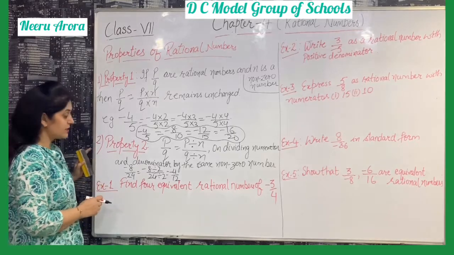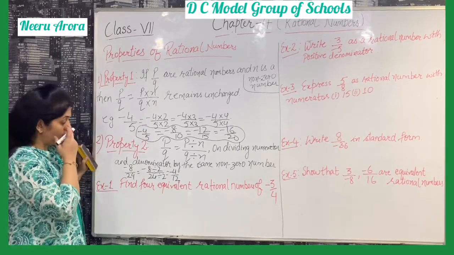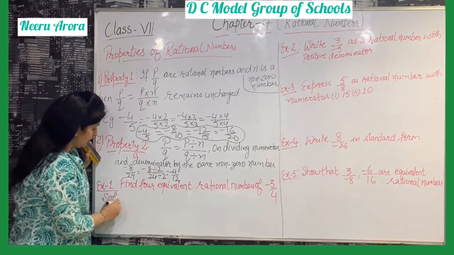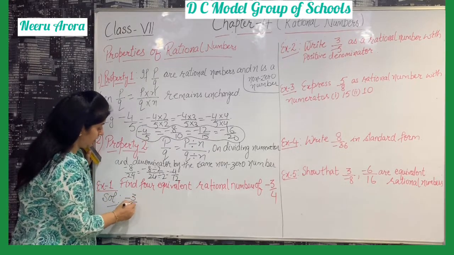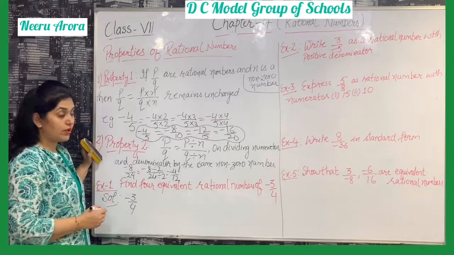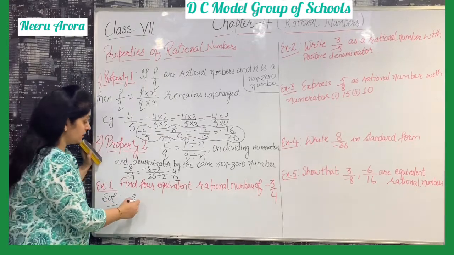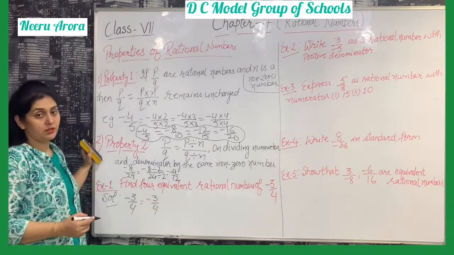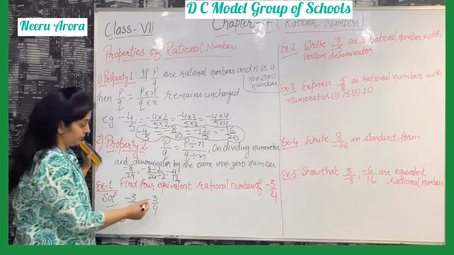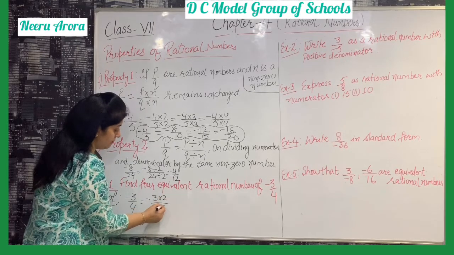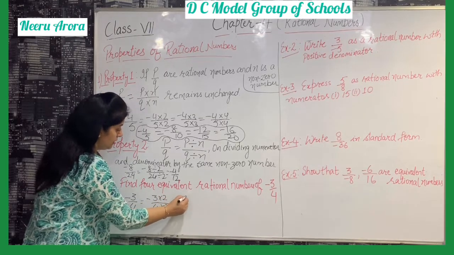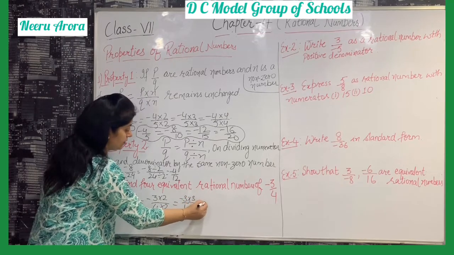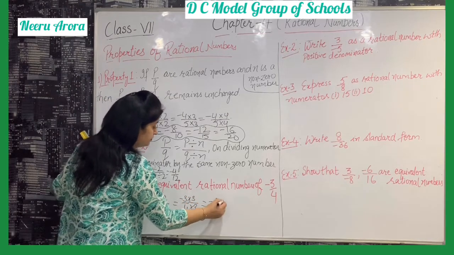Now let's discuss the first example. Find 4 equivalent rational numbers of minus 3 by 4. So how can we find equivalent rational numbers? By multiplying numerator and denominator by the same non-zero number. So let's multiply first by 2, then by 3, then by 4, and by 5.